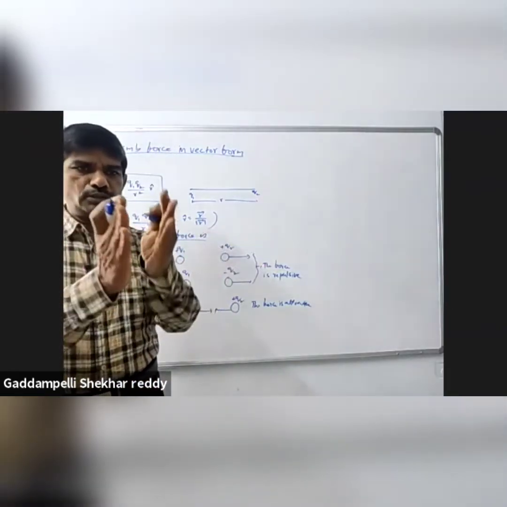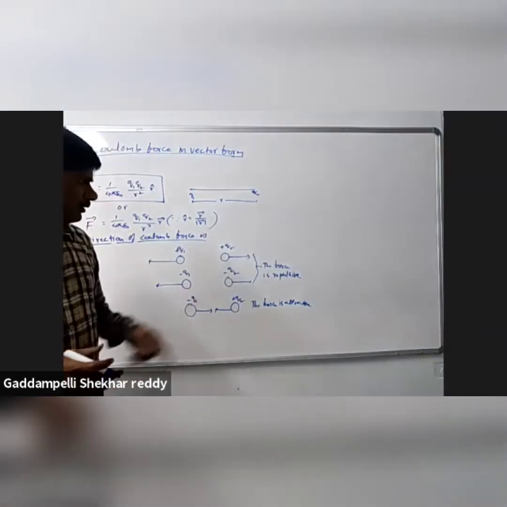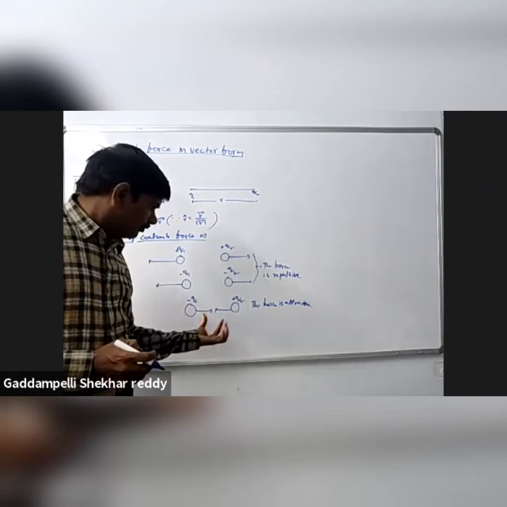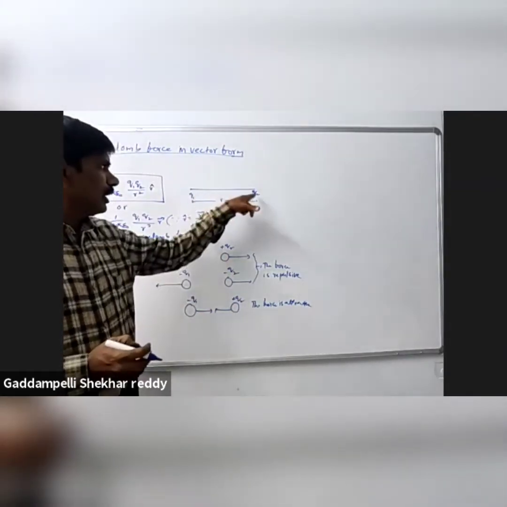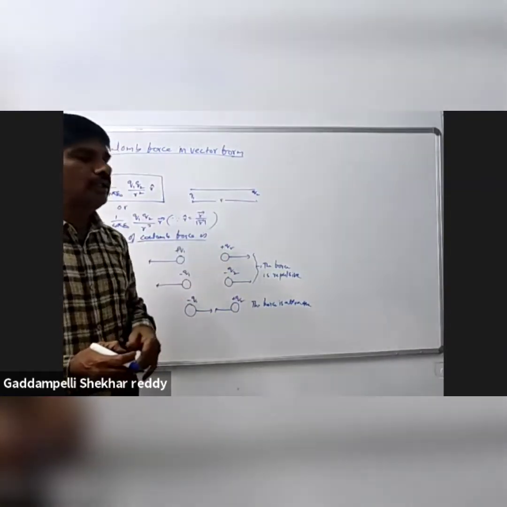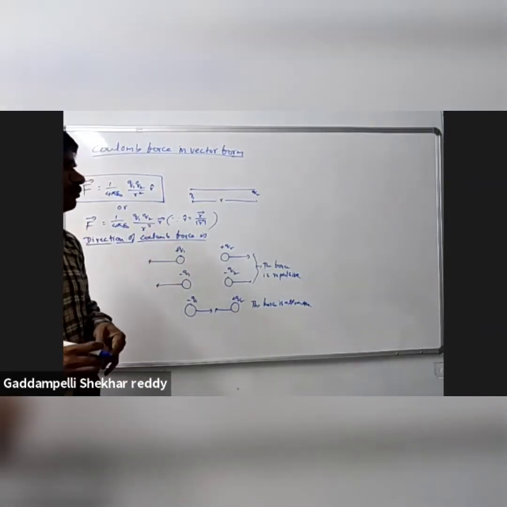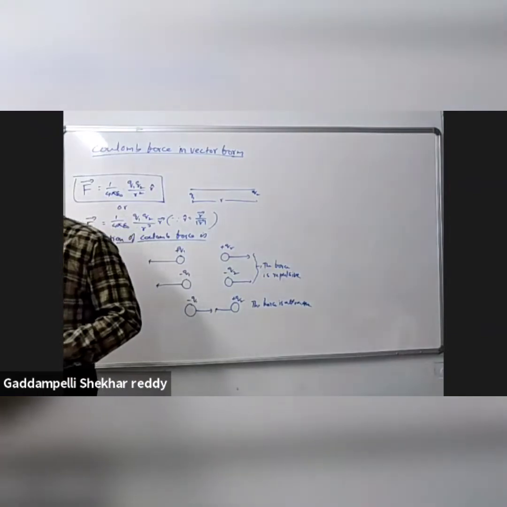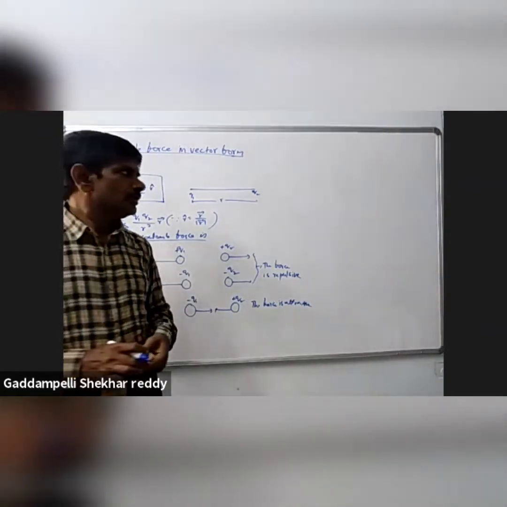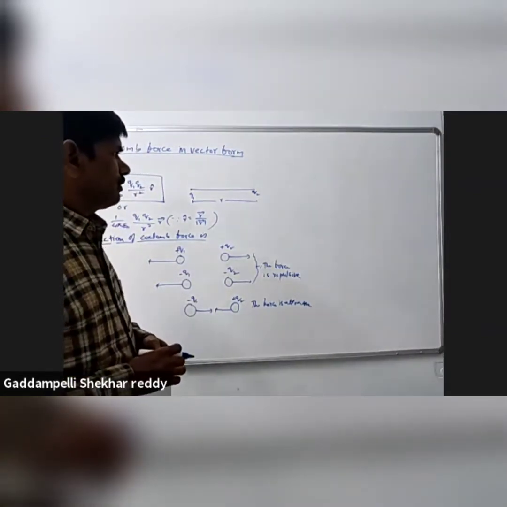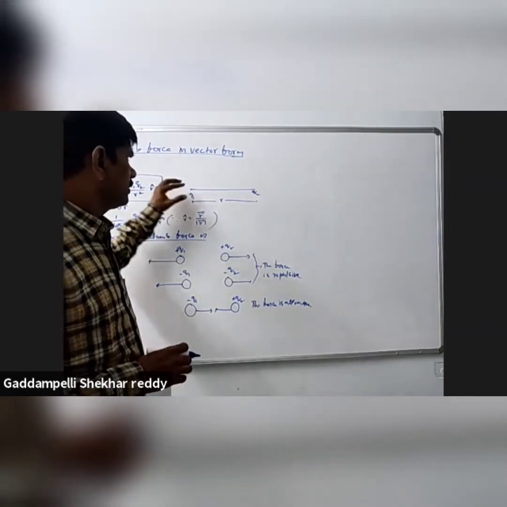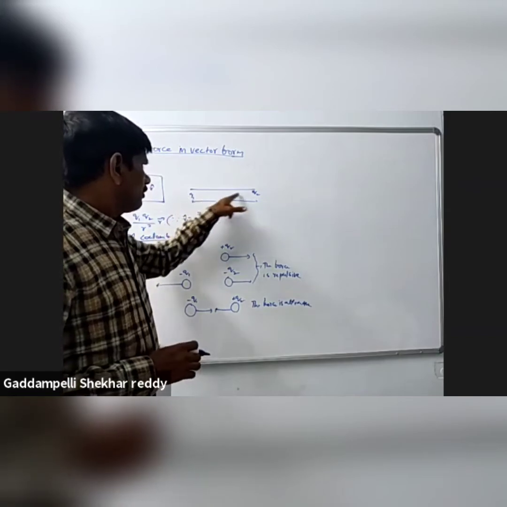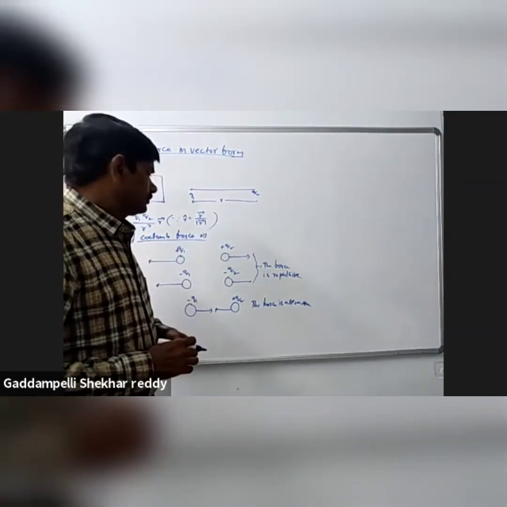At the same time, whether the force is repulsive or attractive, it lies along the line joining the two charges. That means the Coulomb force is a central force. You should always remember the Coulomb force is a central force. The reason: the force acts along the line joining the charges.